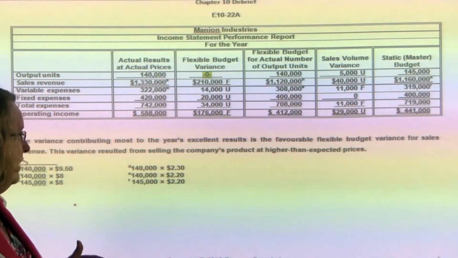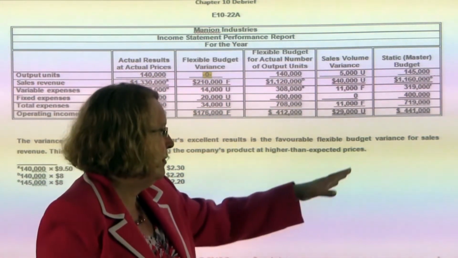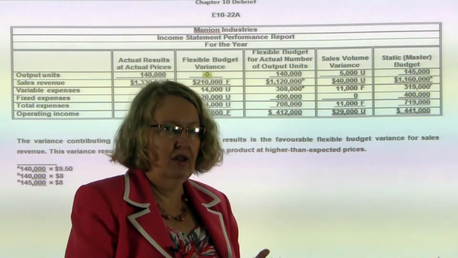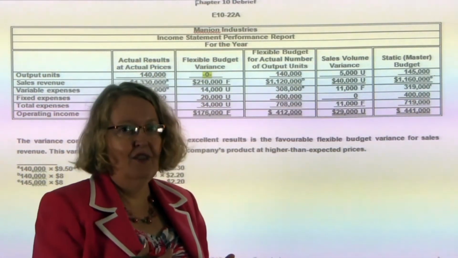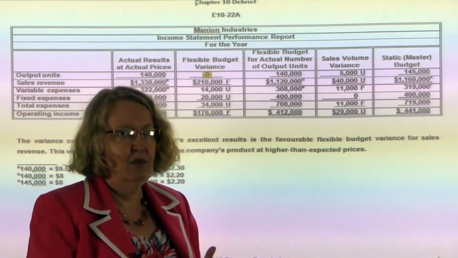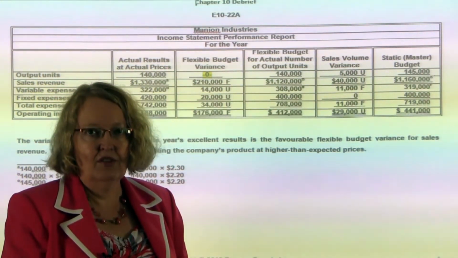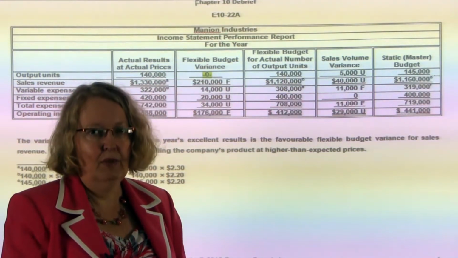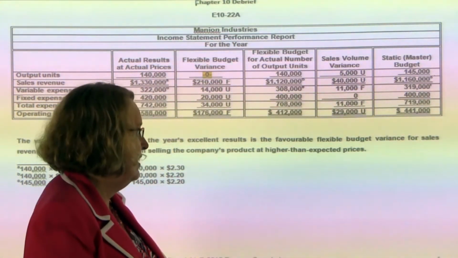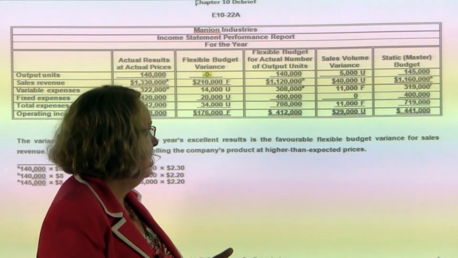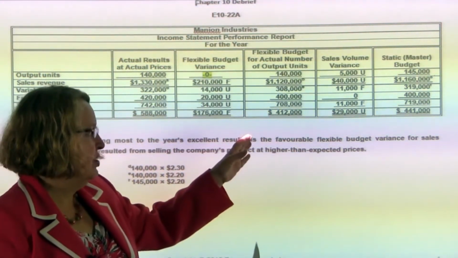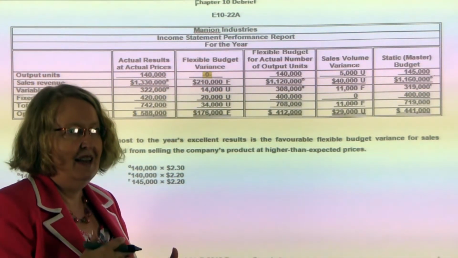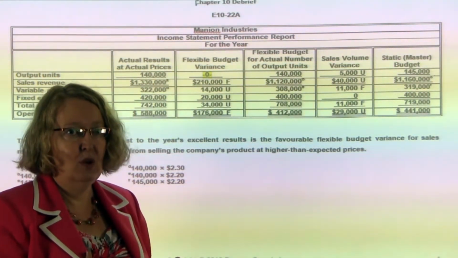So in terms of identifying what we have here, the static budget refers to what the company developed in the previous year, where it predicted how many units were going to sell, what the selling price would be, and what the cost per unit would be. Then, for your flexible budget, you're saying, okay, I didn't get as high a number of units sold as I had thought.